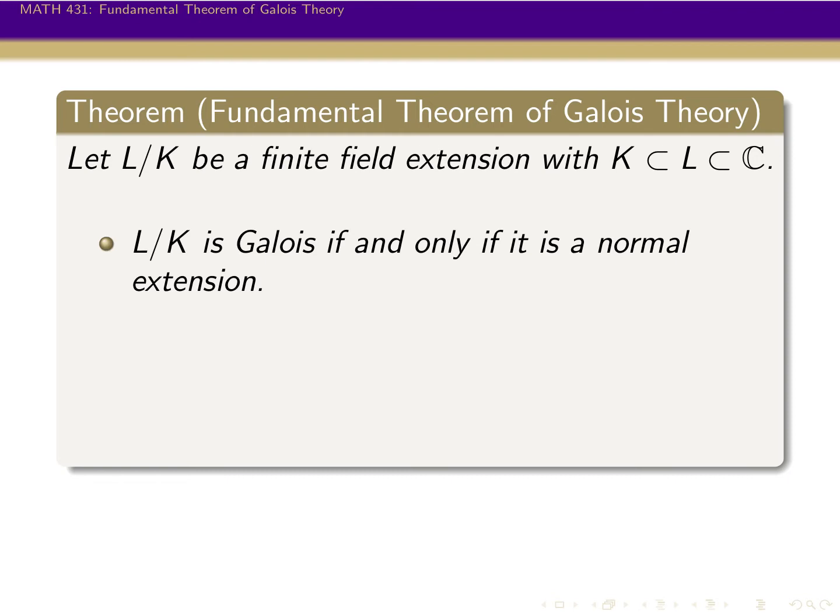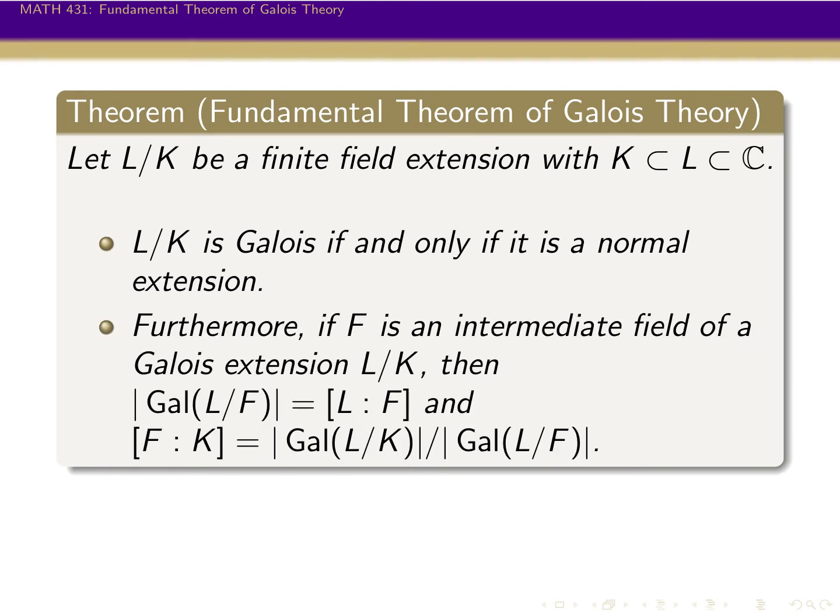And this is something that we have already proved within the last week or so. We proved one direction, that if it's normal, then it's Galois, and then you have a homework problem proving that if it's not normal, then it can't be Galois. And so that will give us our if and only if statement here.